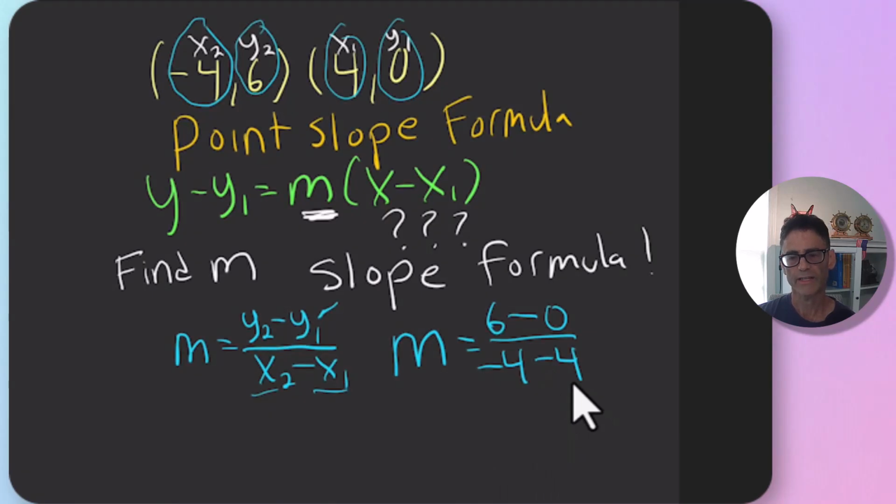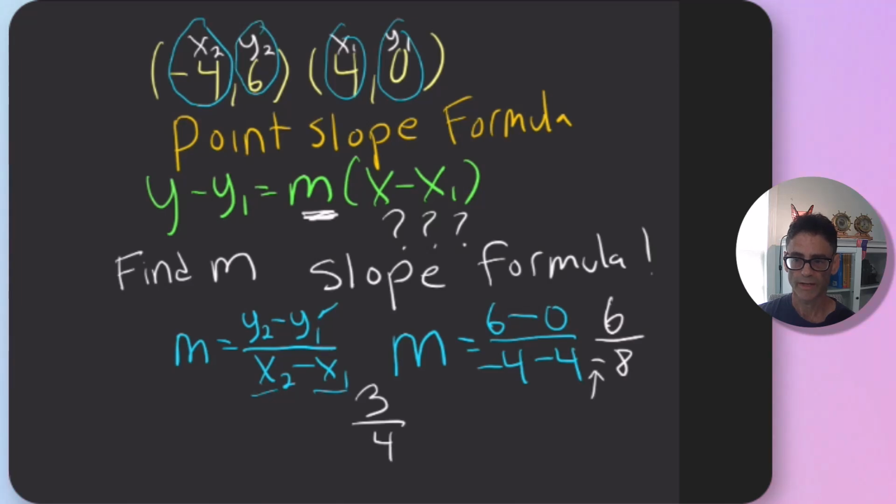All right, so now I can calculate that: on top the 6, and on the bottom, -4 minus 4 is -8. Okay, that will simplify to 3/4, but remember, it's a negative sign down in the denominator. We generally don't want to leave it there to work with.